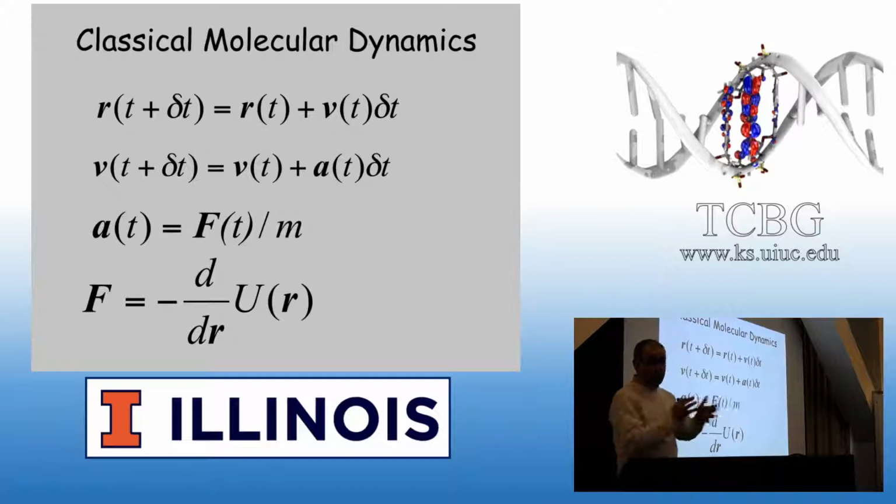You have to do it quantum mechanically, so there your Hamiltonian is much more complicated. But the idea is the same. So I need to calculate the force, so I need to come up with a set of rules, call this the force field. And then once I have that, I just go on and on. There are additional tricks to make it more efficient, more accurate, etc. But this is the basic.